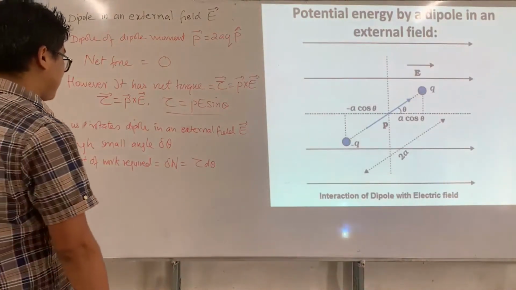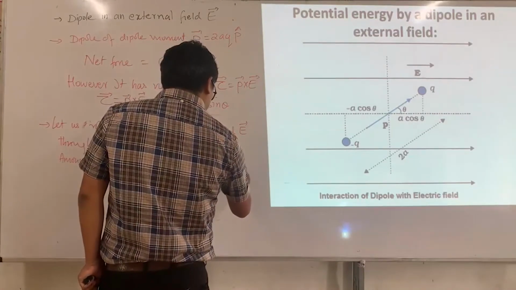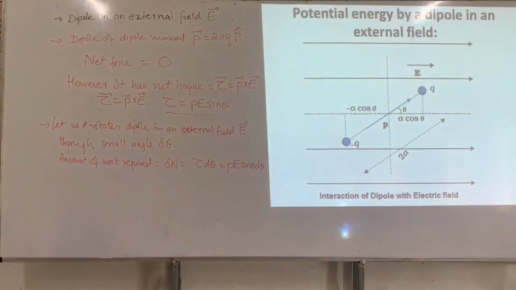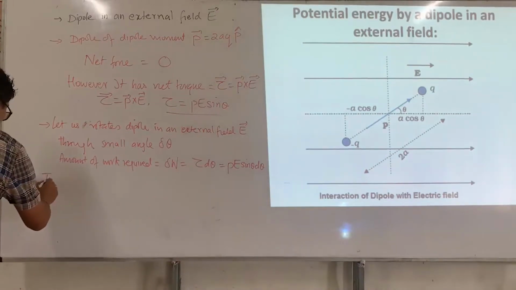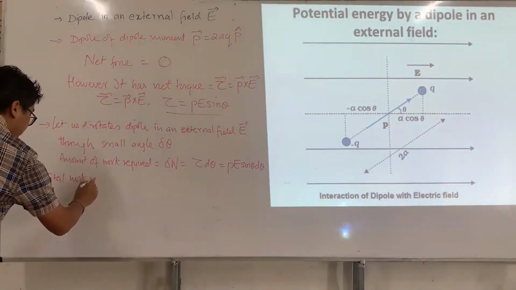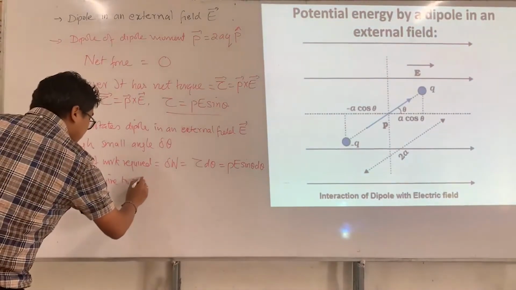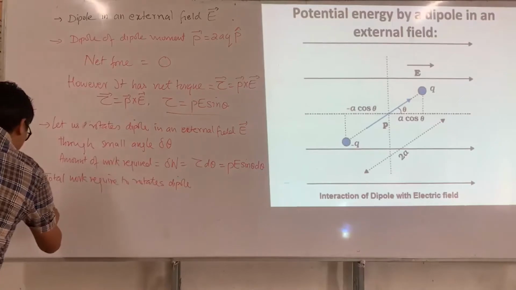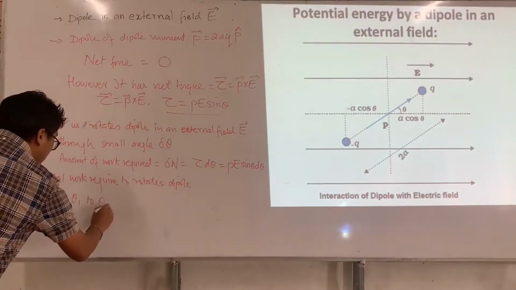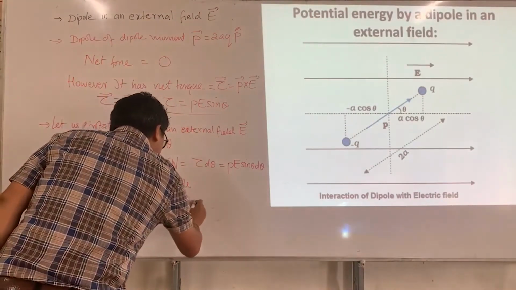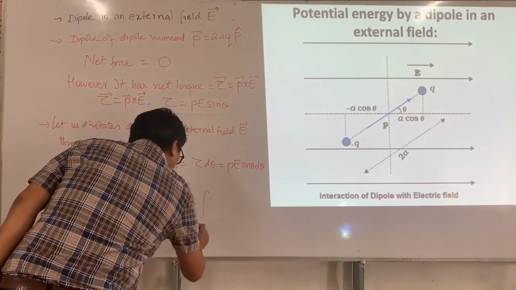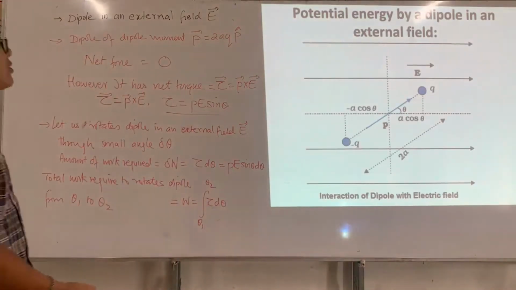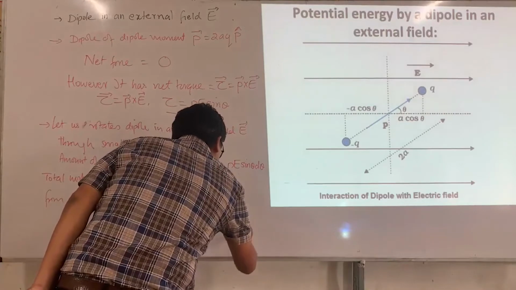Now this can be written as follows. I'm going to rotate the dipole from theta 1 to theta 2, so the total work required to rotate the dipole would be this.